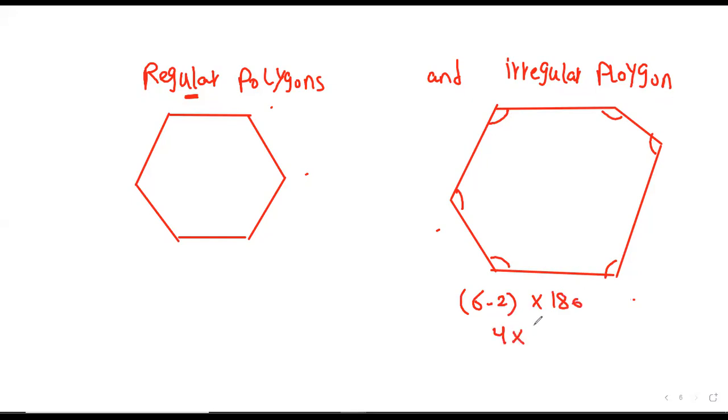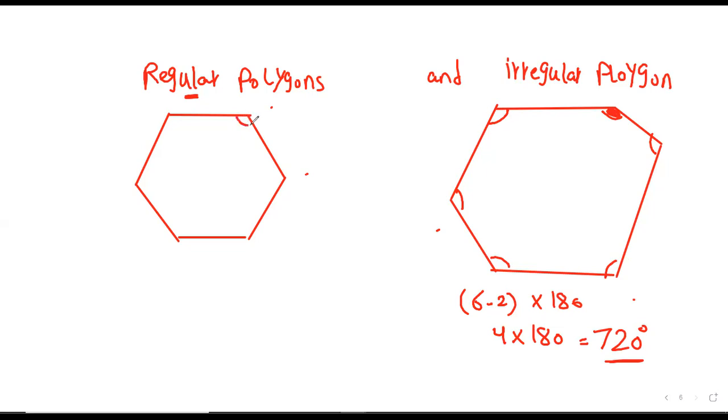So it's 4 times 180, which is 720. So what is the sum of these angles? The 6 angles add up to 720. And when it comes to the regular hexagon, the regular hexagon is the hexagon of equal sides and equal angles.